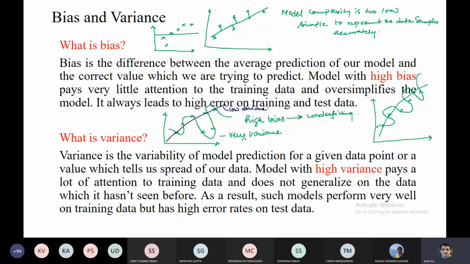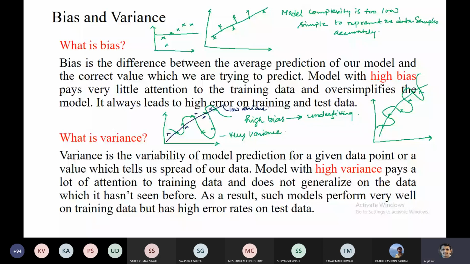But it is more generalized, because it is expected that the testing samples follow this kind of distribution. So such a variable model, this green curve model, performs very well for training data because the errors are very low, but it does not perform well for testing data, assuming the testing data follow a similar distribution to the training data.